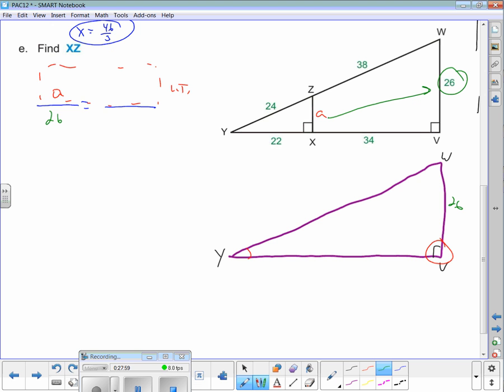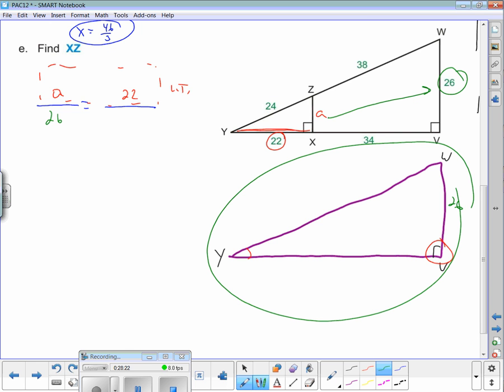Now, again, I have both values, so I can choose either one, the 24 or the 22. I'm going to use the 22 as this side of the small triangle, of the little. Now, what does the 22 go with on the big? A lot of people make a mistake on this. Be careful. Look right here. Let me do this. I'll use a dotted line there.